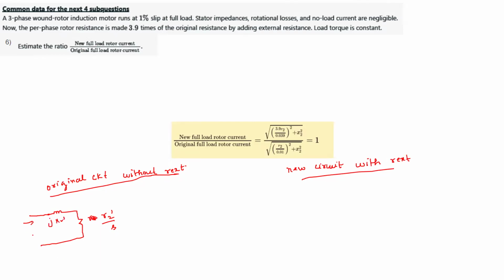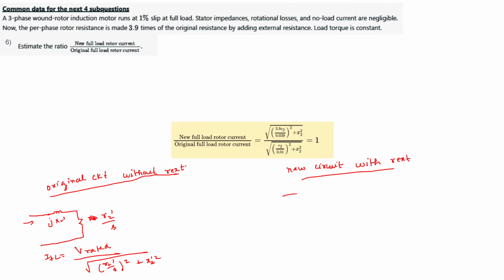So your I full load is V rated by root over of (R2 dash by S) whole square plus (X2 dash) whole square.